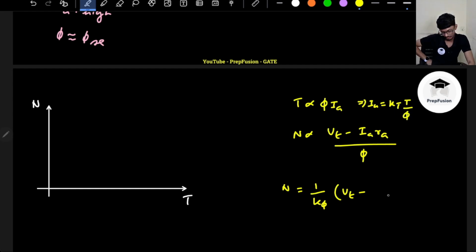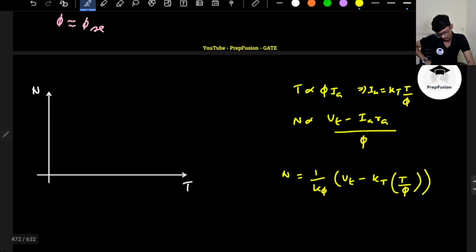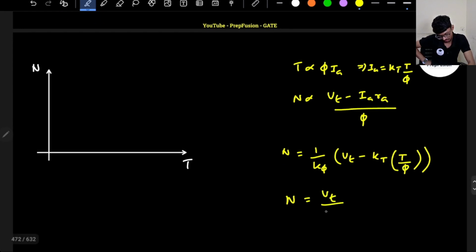So ultimately my speed is equal to Vt by k phi minus Kt into T by phi square, and K is also there.